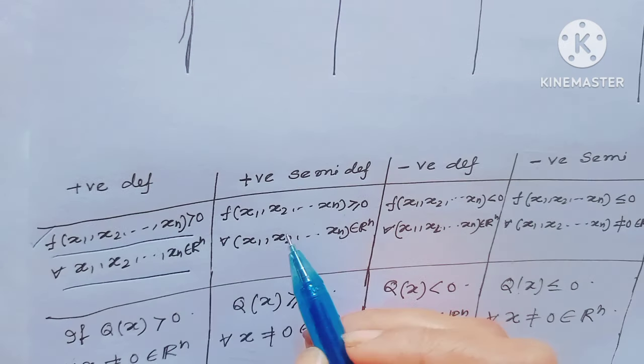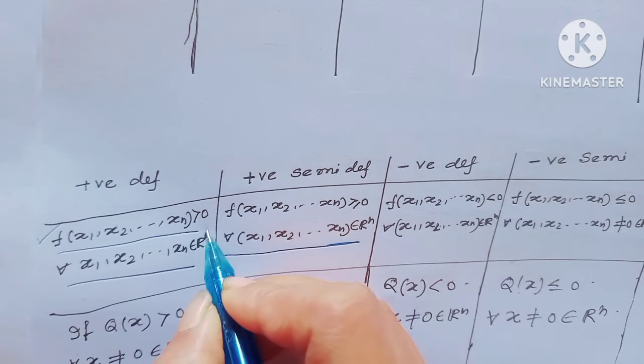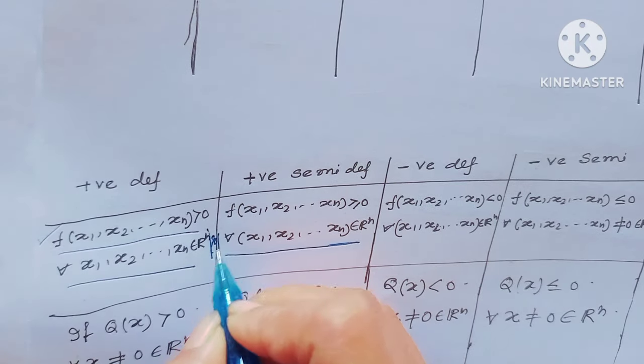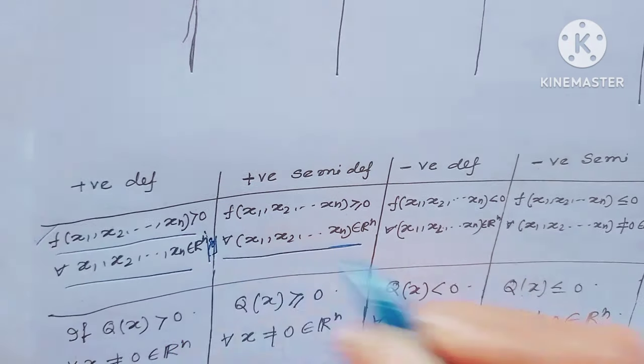Positive semi-definite means f(x1, x2, ..., xn) is greater than or equal to 0 for all x.